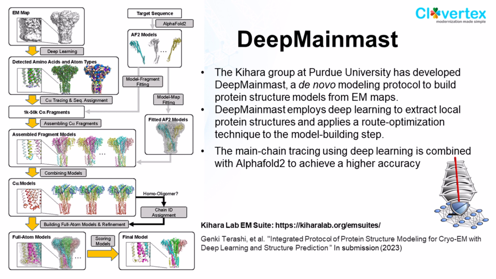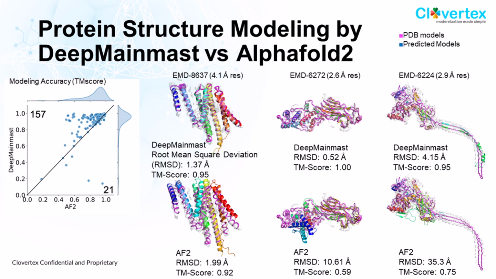So what we do is that we use the AlphaFold model, but cut the model into pieces, and then we use the fragment from AlphaFold. Fragment is integrated into the library from the main chain trace, and then that is combined and used to build up the entire protein structure. We can also do the protein complex structure modeling. In the next slides, I show you a couple of examples.